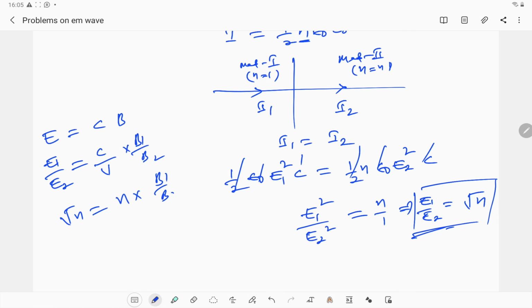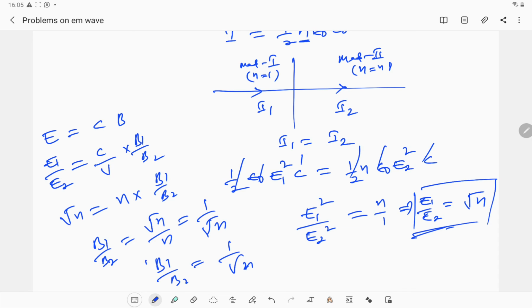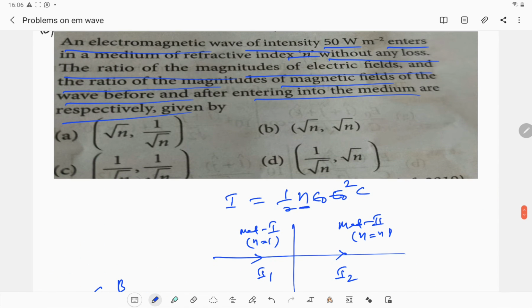Then B1 by B2 is equal to root n by n, which becomes 1 by root n. Therefore, B1 by B2 is equal to 1 by root n. E1 by E2 is root n, B1 by B2 is 1 by root n. Therefore, A is correct.